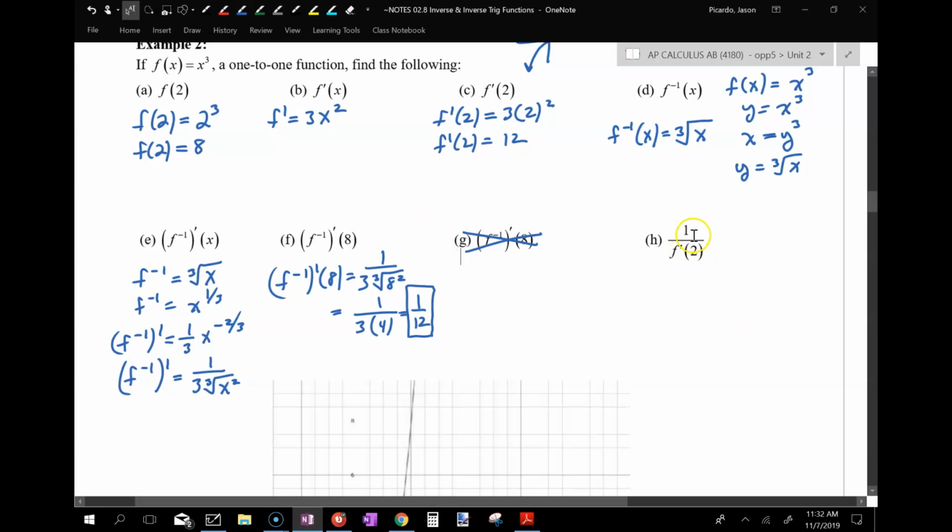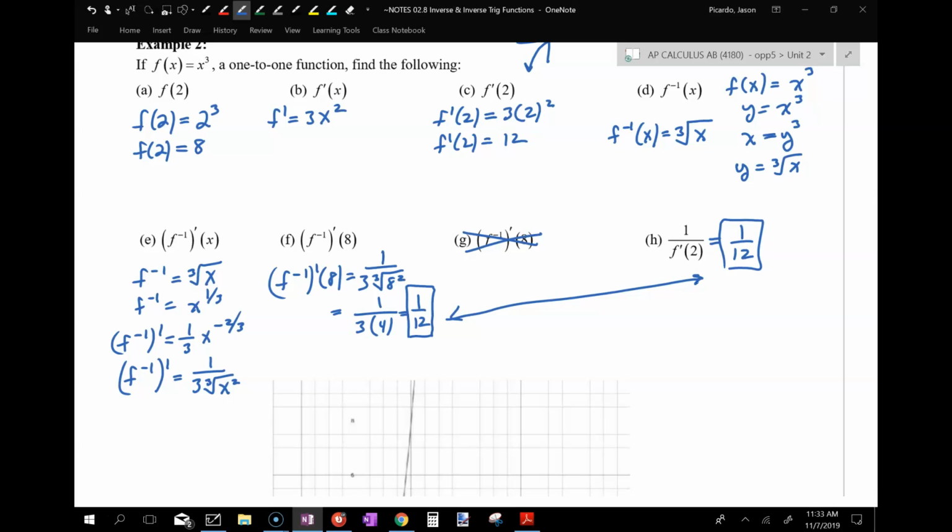Now what do I want? I want 1 over f prime of 2, right? What's f prime of 2? 12, right? What do you notice? These two things match. Okay, so let's break down what we just did, because it just seems like a whole bunch of gibberish, right?